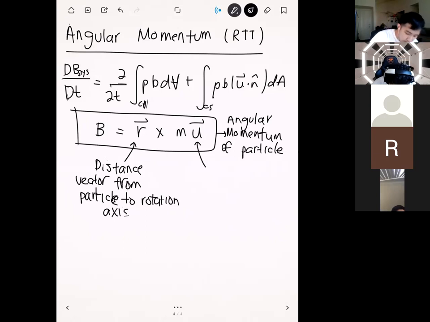Okay. And this right here is the velocity vector. And so just like we always do, in order to get little b, we're just going to divide this by m. Okay. And so little b is just going to be r cross u.